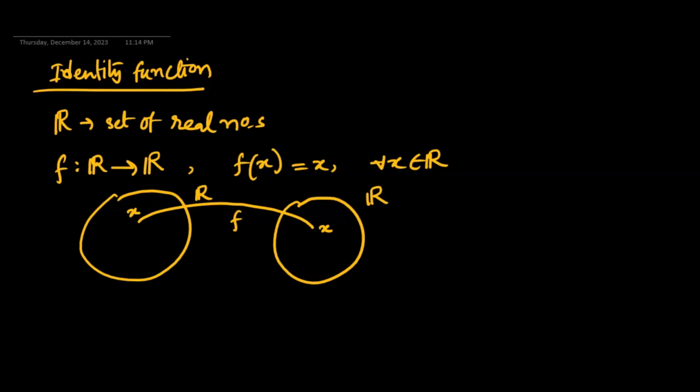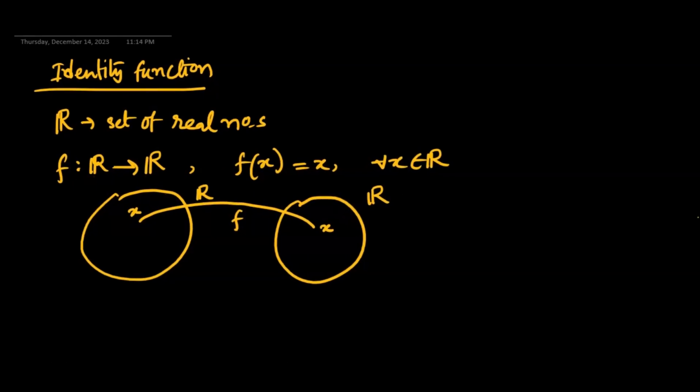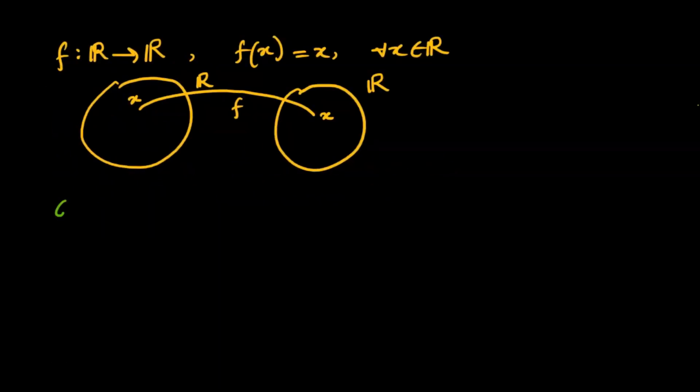Now let's see how we can draw the graph of this identity function. For drawing the graph, first let's draw a table. In the table, we will write the values of x and the values of y. We are taking x from the set of real numbers. So let's take x as -2.